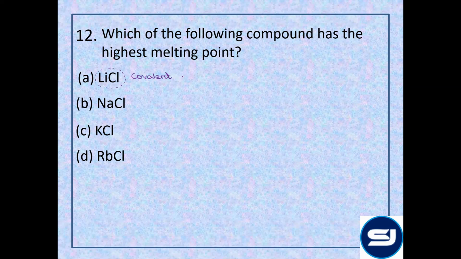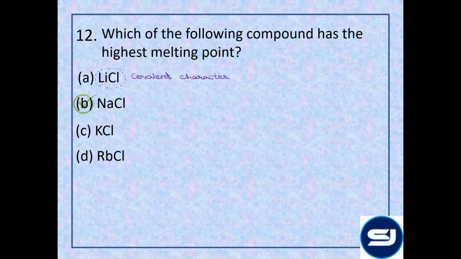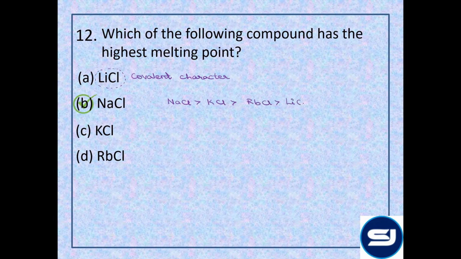LiCl में covalent character ज्यादा है because of the Fajans rule and the polarizing power of the lithium ion with the anion chloride. ठीक है, और बाकी सब में ionic character है. ठीक है, और उन ionic character में the NaCl has very high ionic character and that is why its melting point would be very high. In fact, order of melting point of the halides क्या था उसमें? NaCl is greater than KCl is greater than RbCl and least आता है LiCl.